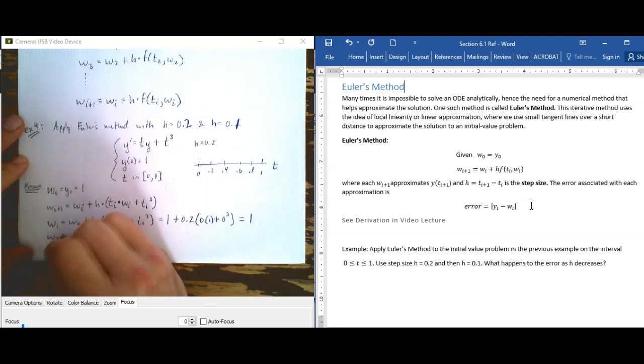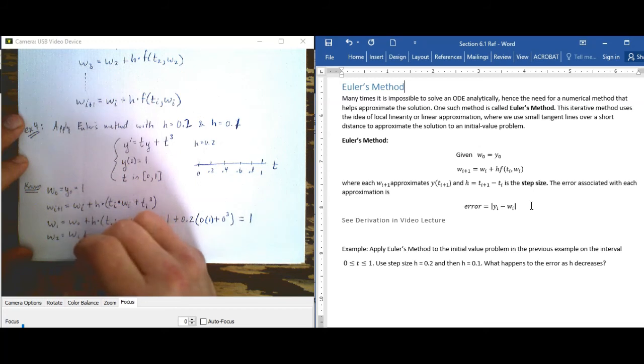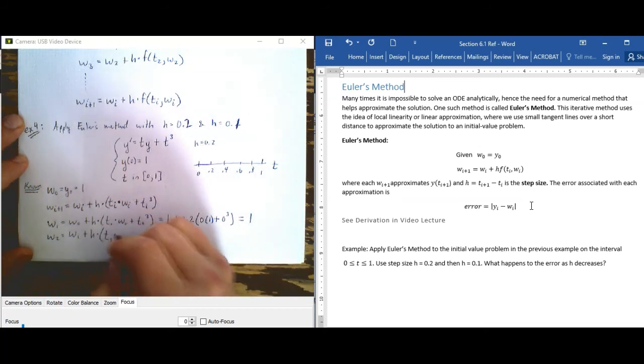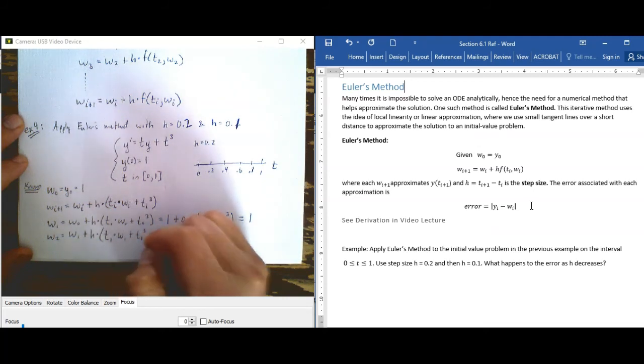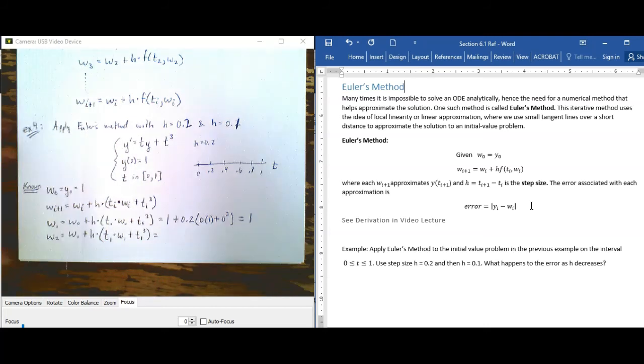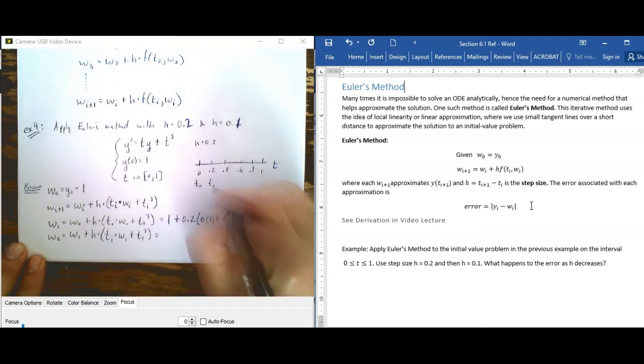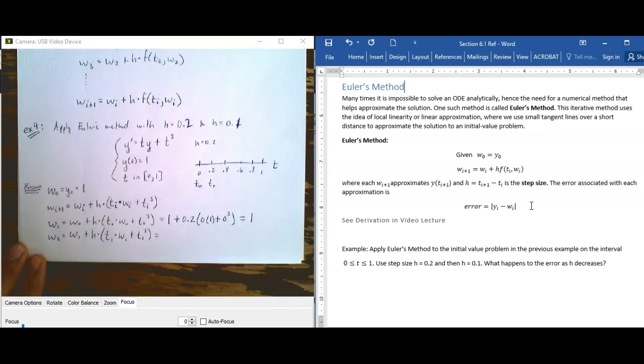W2 would be W1 plus H times T1 W1 plus T1 cubed. Okay. So again, here's our T0, here's our T1. So now we're changing it to 0.2. So let's see what we get. What's W1?